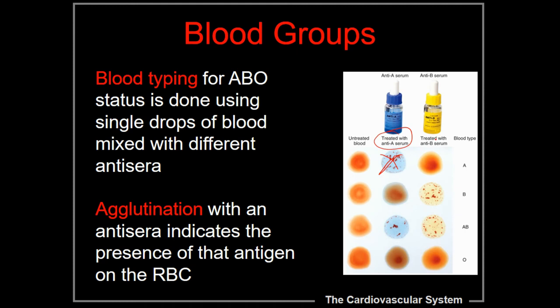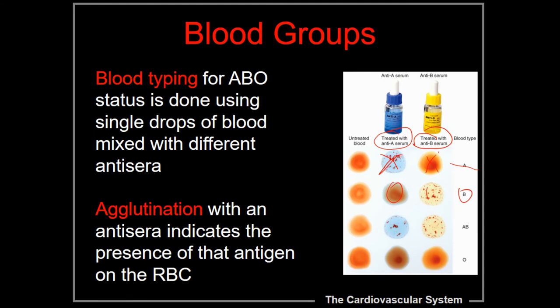If you give it the anti-A or the anti-B and nothing happens, then that means you have the antibody that fights B. You have the antibody that destroys A, then that means you are type A. If you have a drop of blood and the anti-A doesn't affect it, and the anti-B will cause it to clot, then you have type B blood.